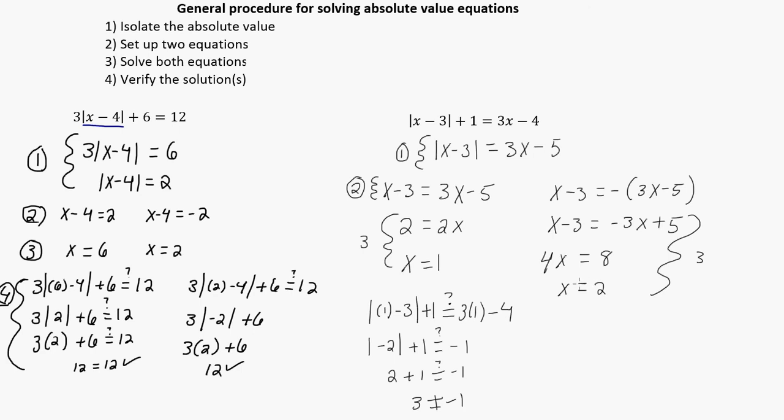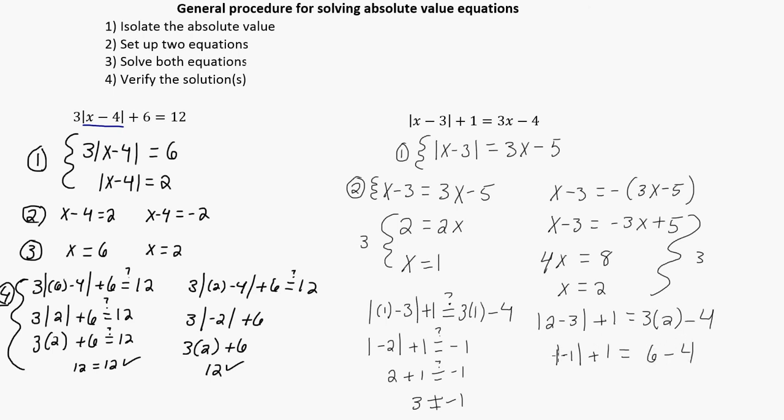Let's make sure that x equals 2 is a solution. Sometimes it could be that neither of the solutions we find is a solution. So let's plug it in. We have the absolute value of 2 minus 3, plus 1, equals 3 times 2 minus 4. 2 minus 3 is negative 1, so this is the absolute value of negative 1 plus 1 equals 3 times 2, which is 6, minus 4.